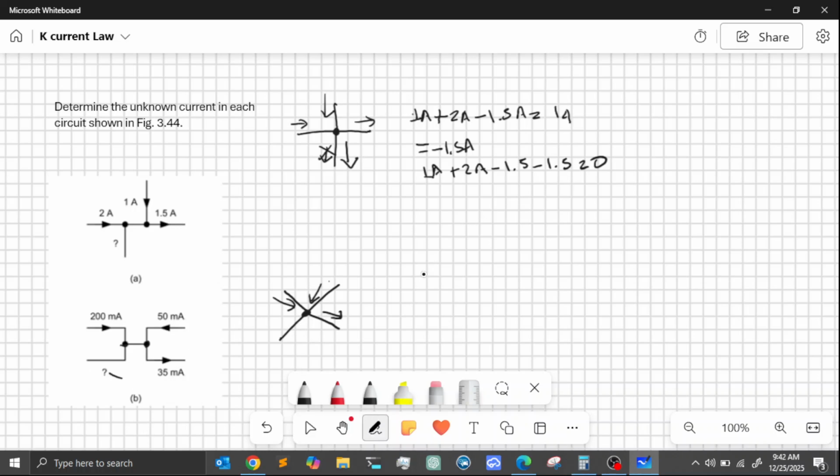Let's go ahead and do the same thing. So we have 200 milliamps, they're all milliamps, plus 50 milliamps minus 35 milliamps equals, and let's name the other one I4. We need to calculate that one.